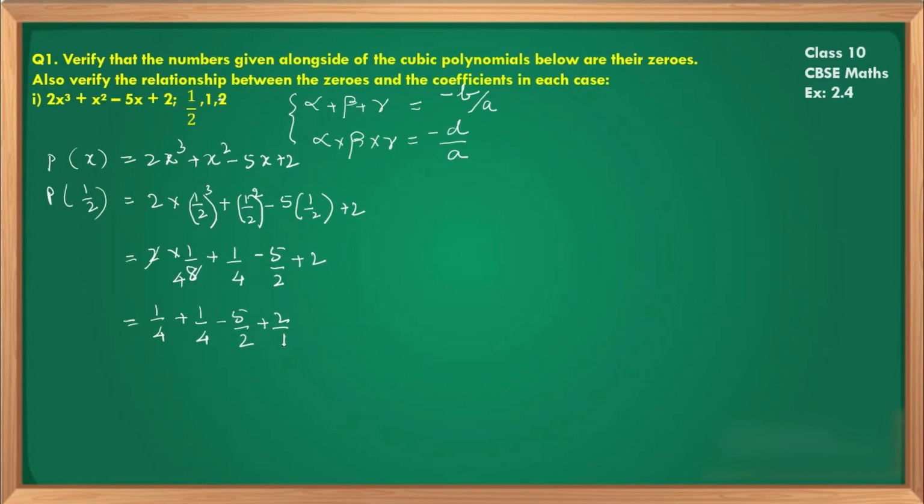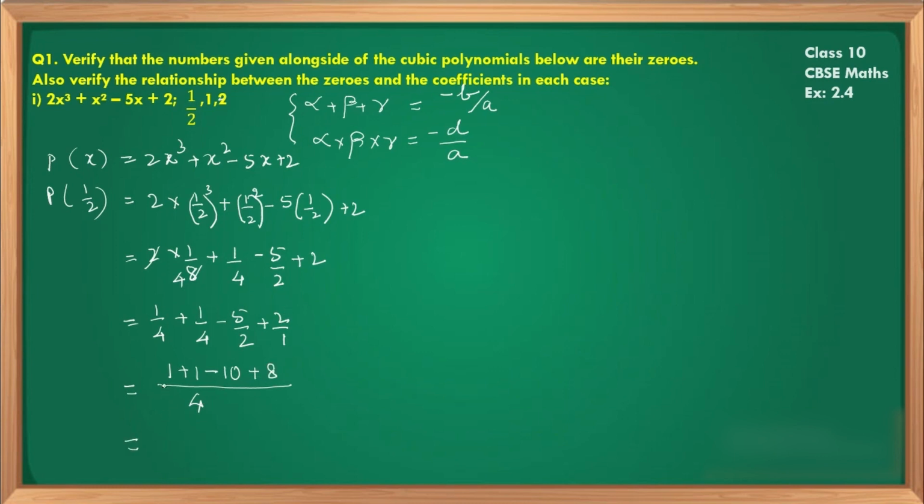Below you can put 1. Now we have to add all these fractions. The LCM is 4. Draw a line. 1 plus 1 minus 2 into 5 is 10 plus 2 into 4 is 8.